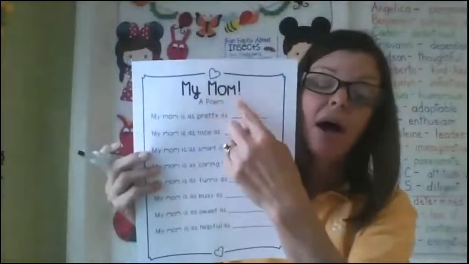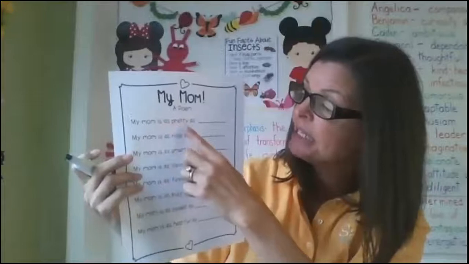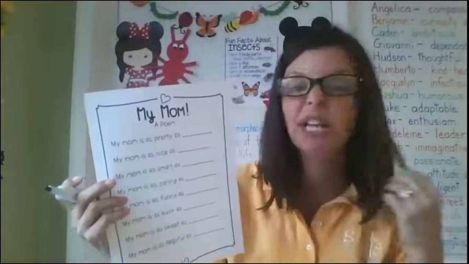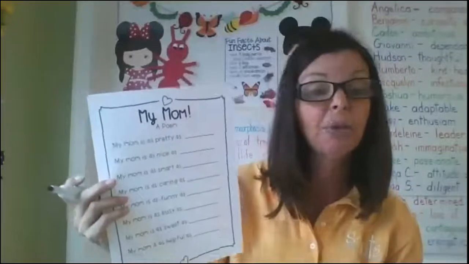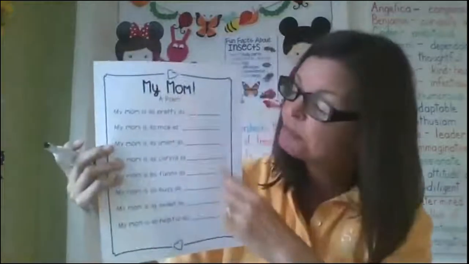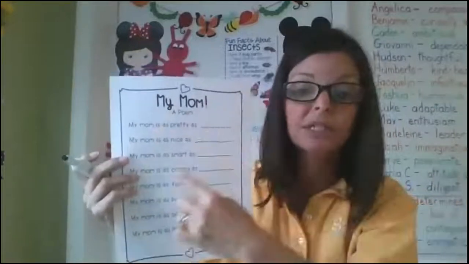So, My Mom, a poem. My mom is as pretty as, and you're going to write what you think is pretty, as a rose, as a rainbow, as a flower, as a diamond.